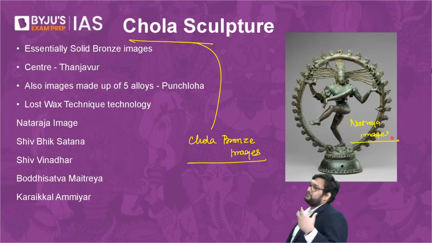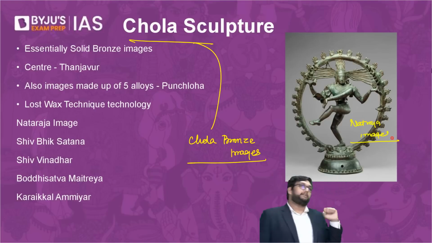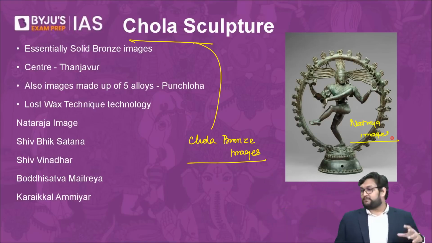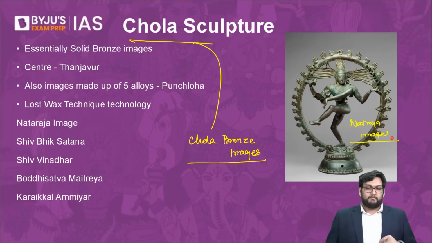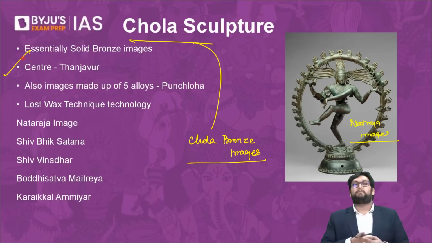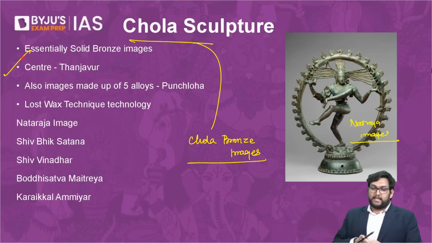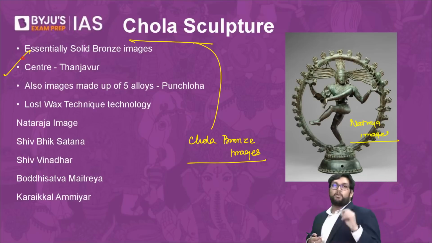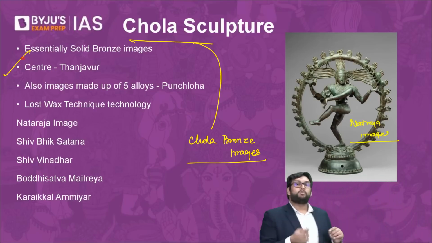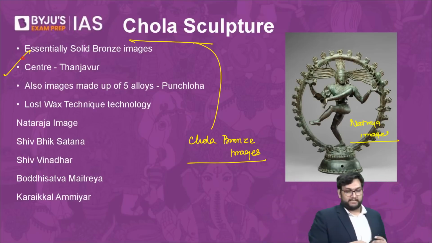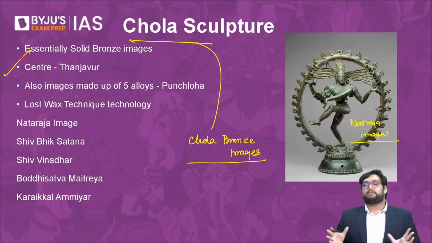The same Nataraja image, through the lost wax technique, created the G20 Nataraja, which is in front of the Bharat Mandapam. But that concept of Nataraja came from the bronze sculpture of the Cholas, and they again use the same technique, lost wax technique, to produce this object itself. We have multiple images which were produced through the lost wax technique of the Cholas.